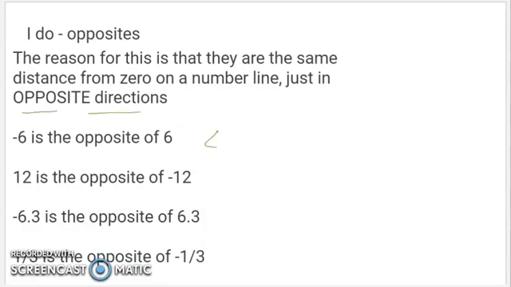So if I were to draw a number line here, I'm going to put 0 in the middle. I know for a long time when you only dealt with positive numbers, you always put 0 at the beginning. But now since we have positive and negative numbers, I'm going to put 0 in the middle. If I draw my notches accurately, 1, 2, 3, 4, 5, 6, there's positive 6. 1, 2, 3, 4, 5, 6.